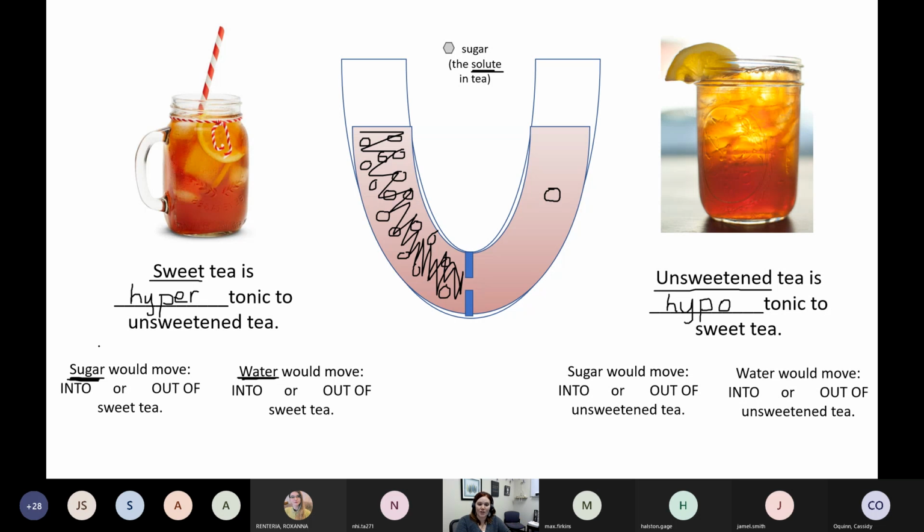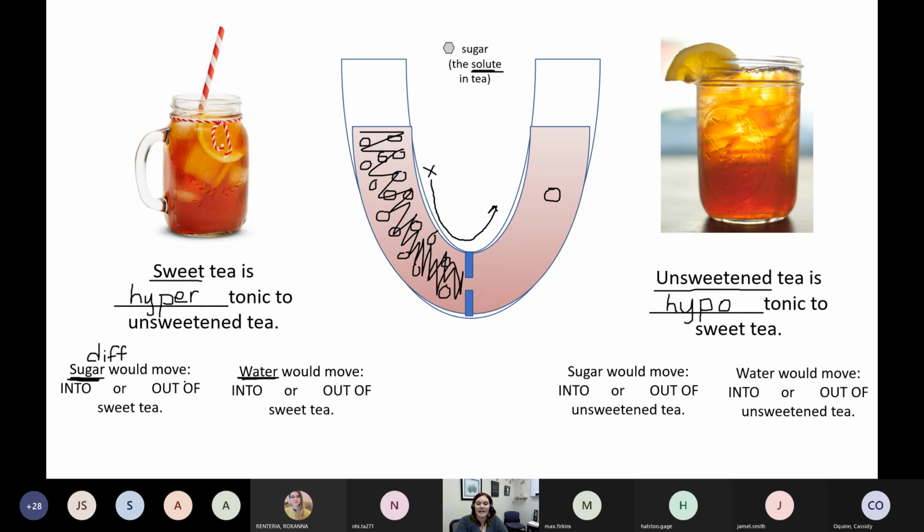Exactly. When I do diffusion, I'm moving the dissolved thing. So in diffusion, I'm moving my sugar from where there's a lot of sugar to where there's a little bit of sugar. So in the case of sweet tea next to unsweetened tea, this sugar is going to say, whoa, there is way too much of us over here, not nearly enough of us next door.